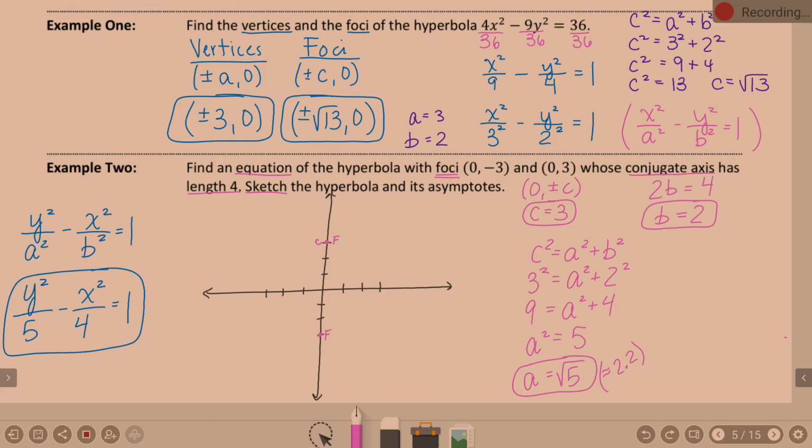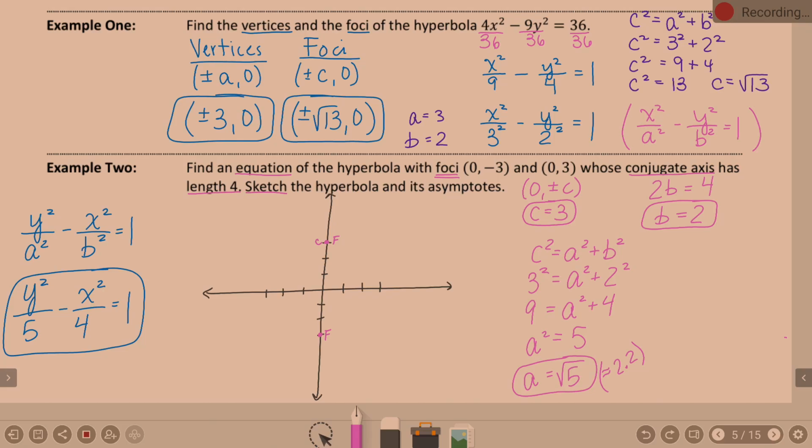Okay. Now, those are foci. Vertices are on the same axis, yes? Vertices are on the same axis, but instead of being at C values, vertices are at A values. What was A? Square root of 5, or 2.2.